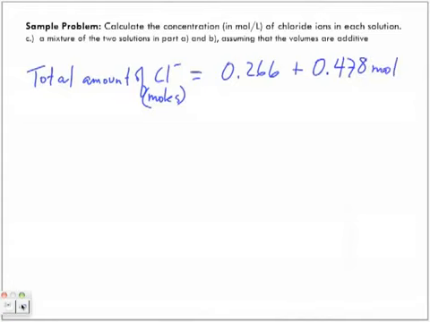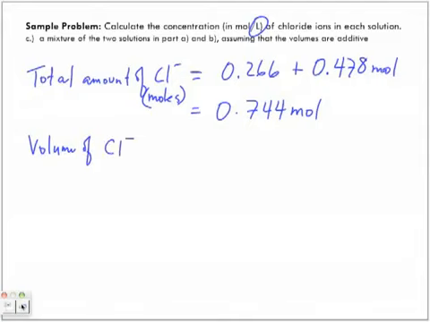So we're taking all the number of moles from question A and adding it to the number of moles from question B. And we get a total number of moles, which is 0.744 moles. Now, we're trying to find concentrations again, so we need the volume of the chloride solution. And all we're doing is adding the volumes of question A with the volumes of question B.